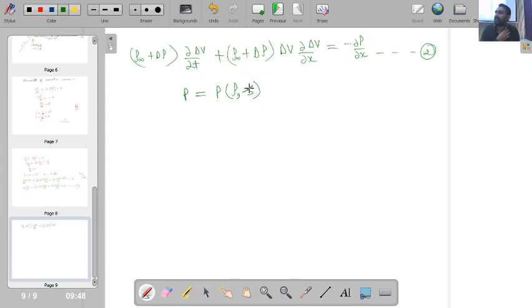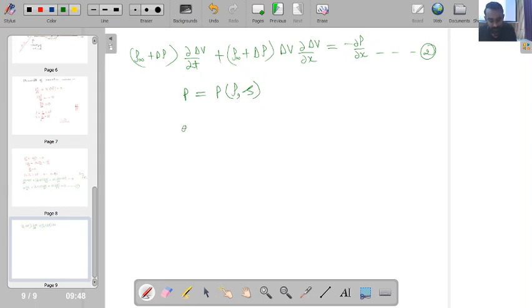This is something which I can write for any simple compressible substance. From the knowledge of thermodynamics, I can designate its state by any two independent intensive properties. So that is what I have done over here: P I have written as a function of density and entropy.